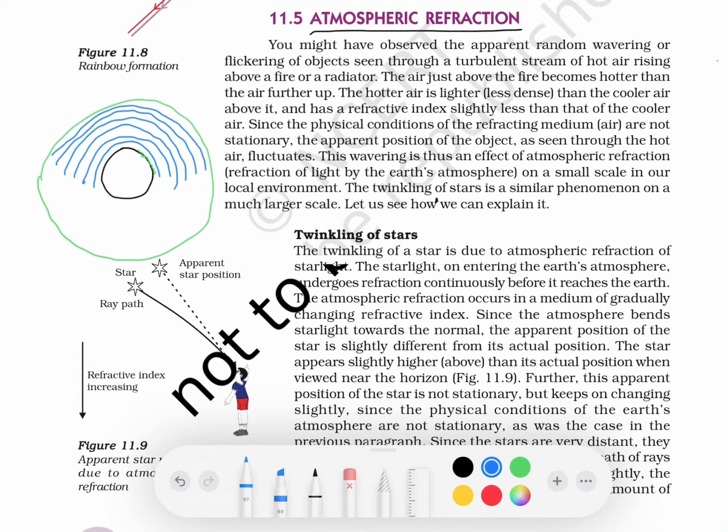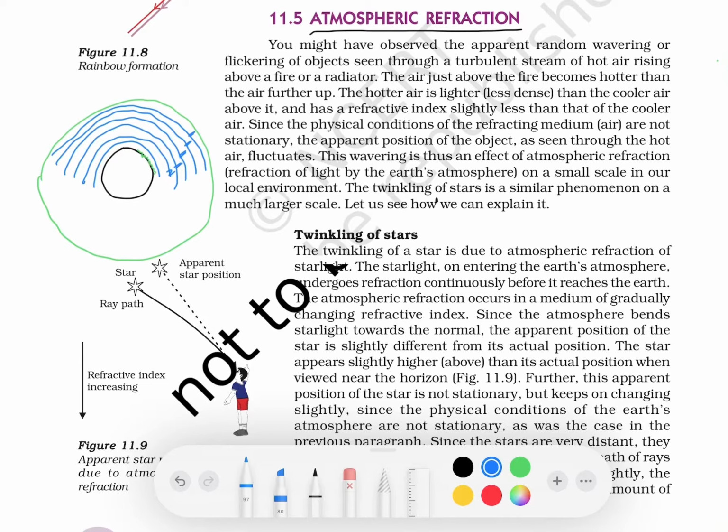Due to different optical densities, the light when entering into the Earth atmosphere will be passing through different layers of atmosphere with different densities.